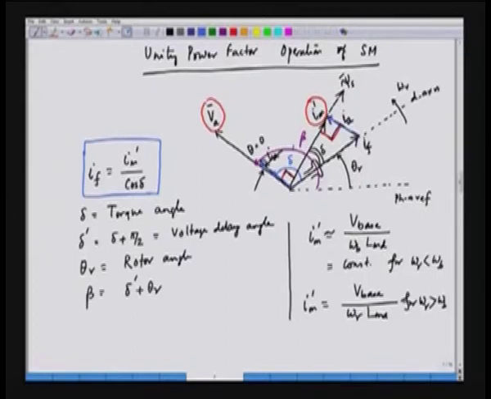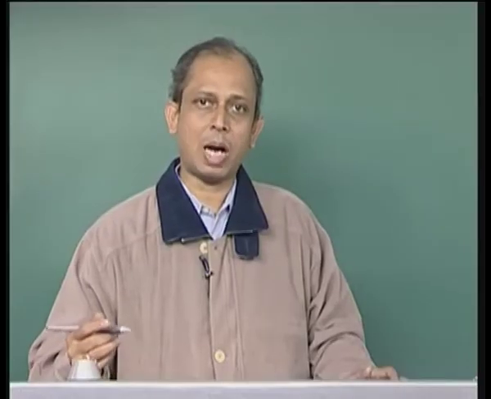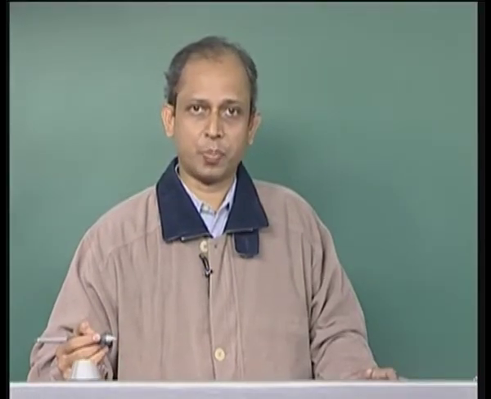We have two parallel lines, Ia here and Ia here, because these angles are 90 degrees. As a result, the current Ia is in phase with the armature voltage Va, which means the power factor is unity, or theta, the power factor angle, is equal to 0.